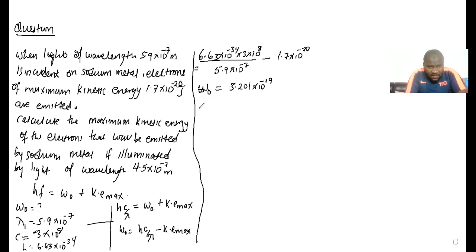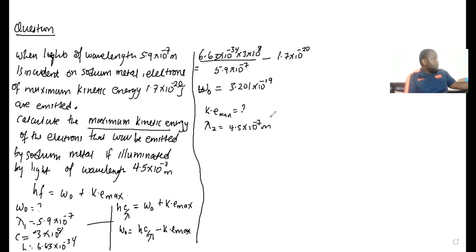Now, having gotten the work function, the question said find the maximum kinetic energy. We are looking for the kinetic energy maximum in the second case, when we have been illuminated by light of wavelength 4.5 times 10 power negative 7 meters. So with this, we shall have hc over lambda equals work function plus kinetic energy maximum, but this time around this is lambda 2.